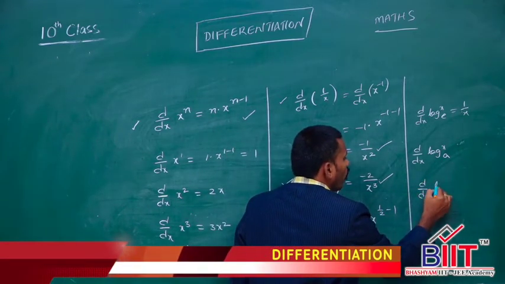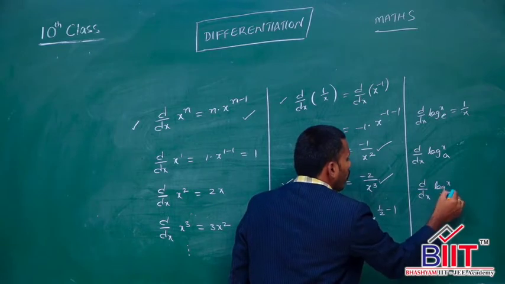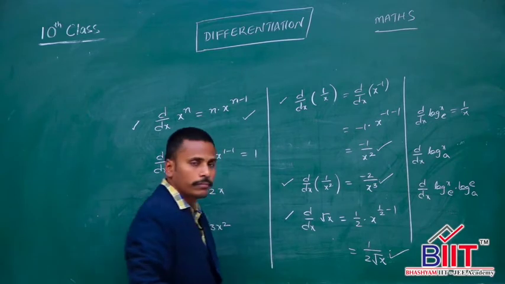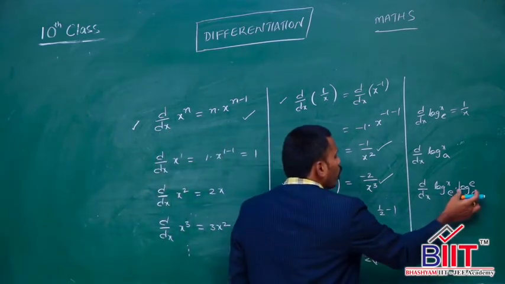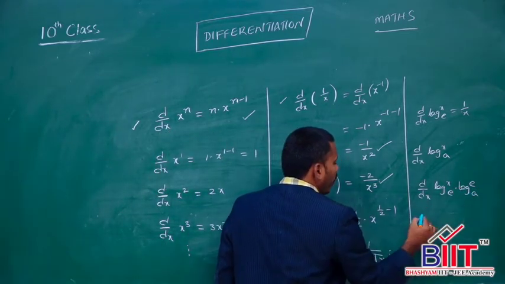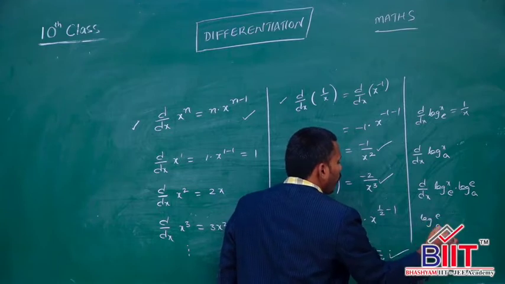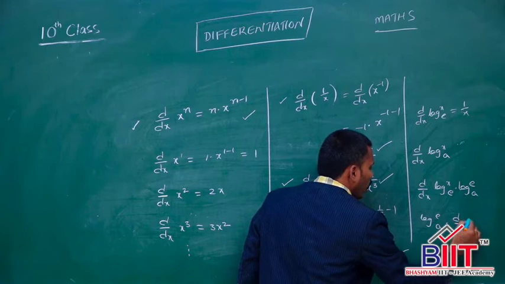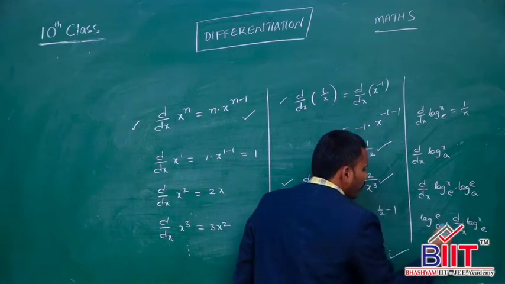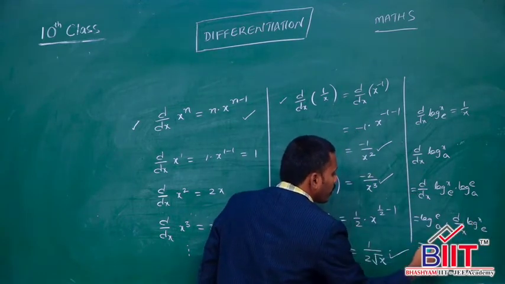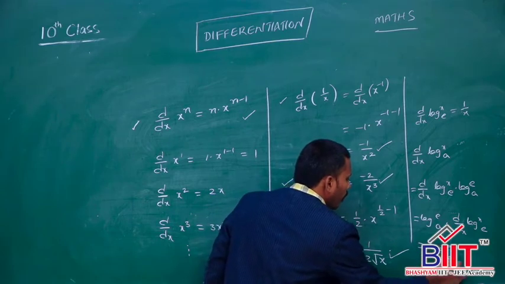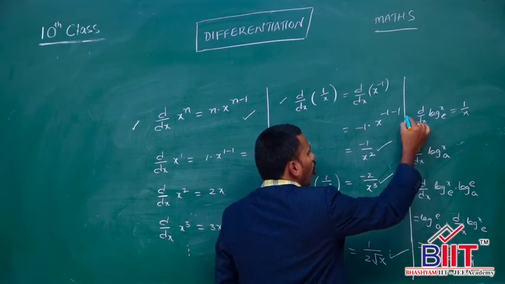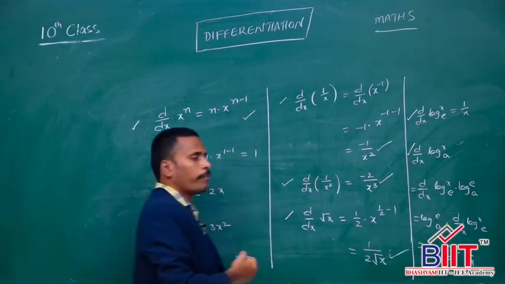So d by dx of logarithm of x to the base e into logarithm of e to the base a we need to write. And this logarithm of e to the base a is a constant. Keep it out by the algebra of derivatives, which I am going to discuss, into d by dx of log x to the base e. And finally, the answer is logarithm of e to the base a into 1 by x, which is the derivative for this log x to the base a.